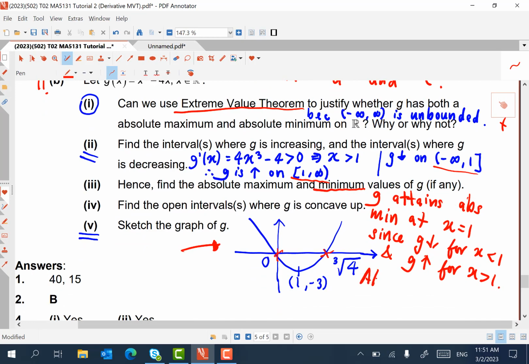The absolute minimum therefore is equal to g of 1, and in this case it is minus 3. That's the absolute minimum. That's for part 3.